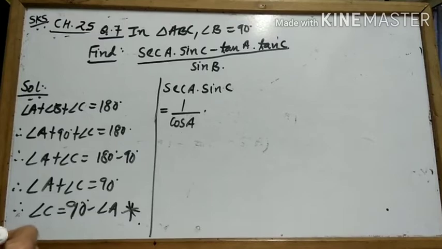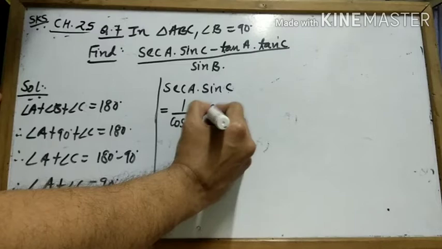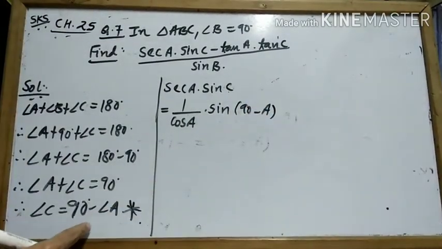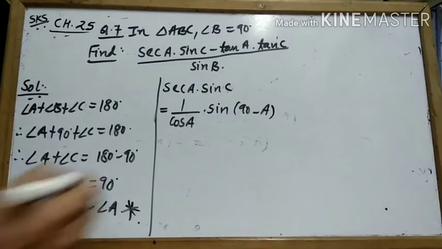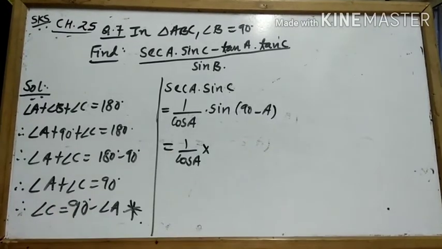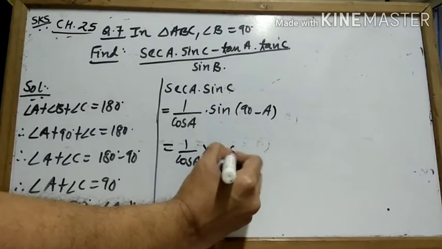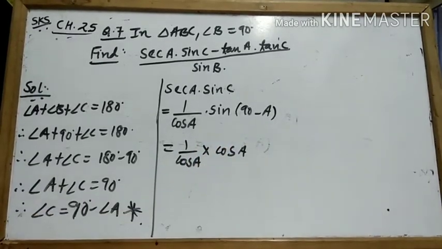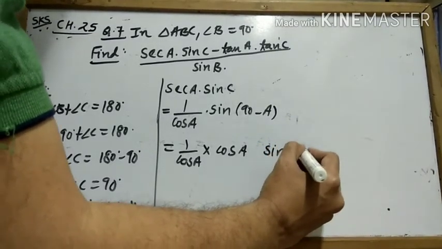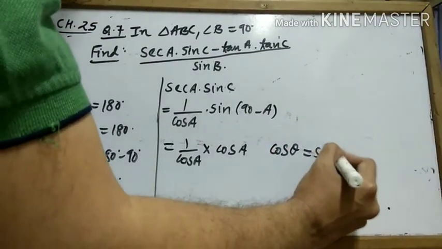Sine C, instead of C, I am writing it down as 90 minus A. We have seen this result over here. 1 upon cos A remains as it is, into sin 90 minus A, which is nothing else but cos A. I hope you remember this result, sin 90 minus theta, or rather I can call it cos theta, is equal to sin 90 minus theta.